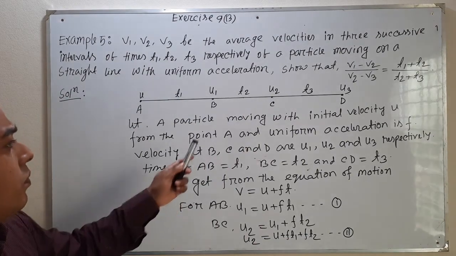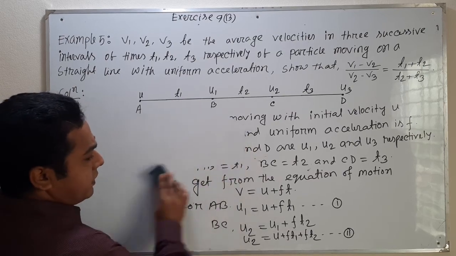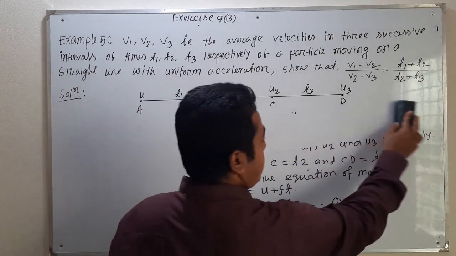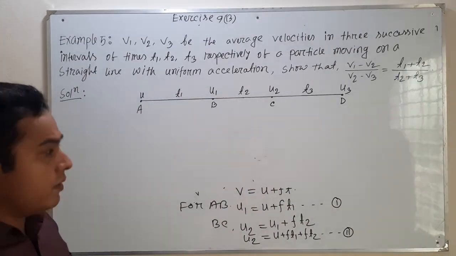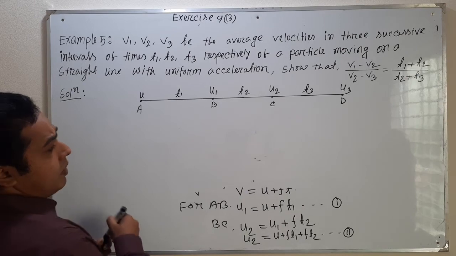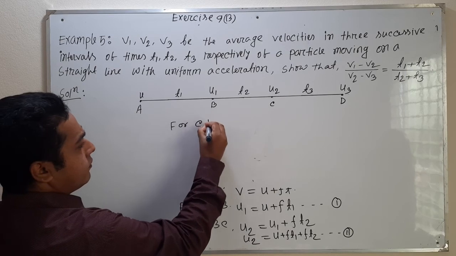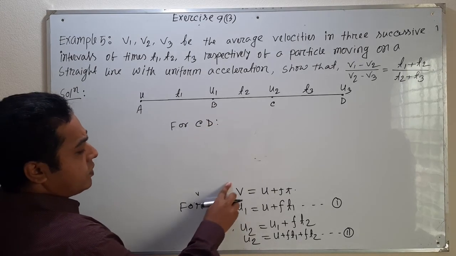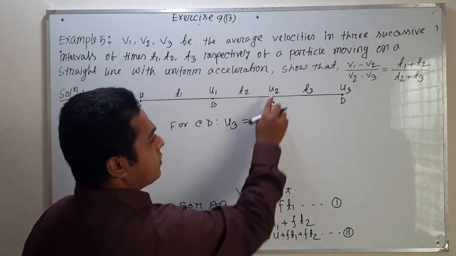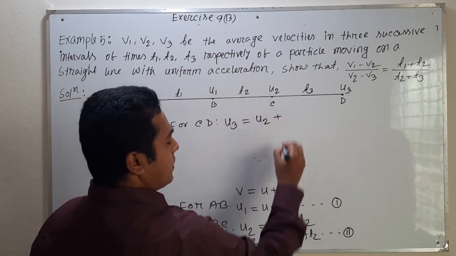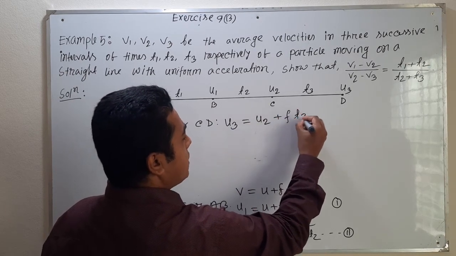Okay, now from CD, here v is equal to u3, u is equal to u2, f is always equal for all, time is t3.